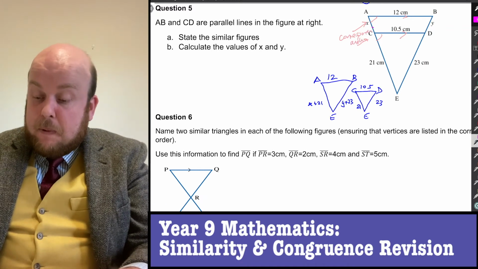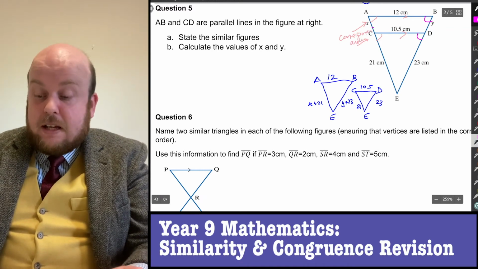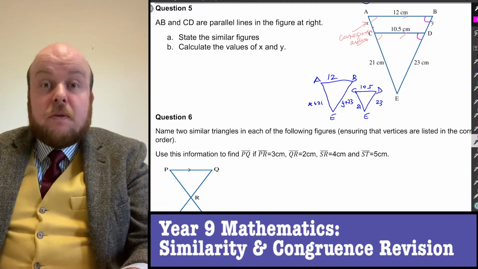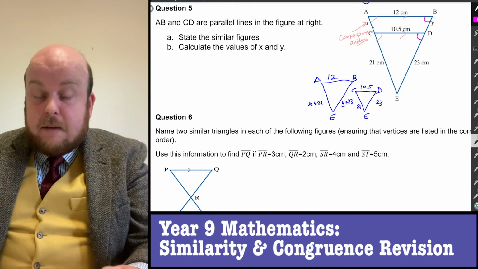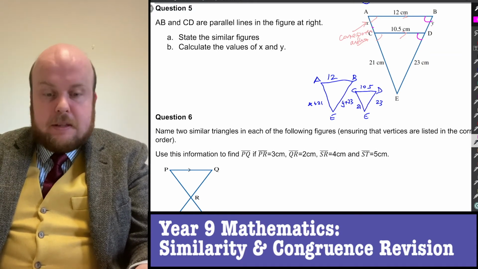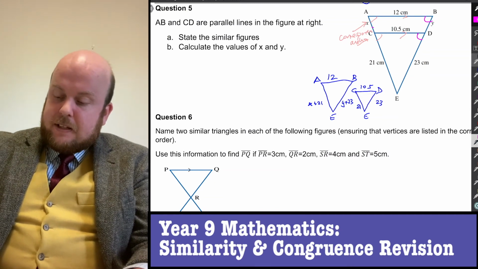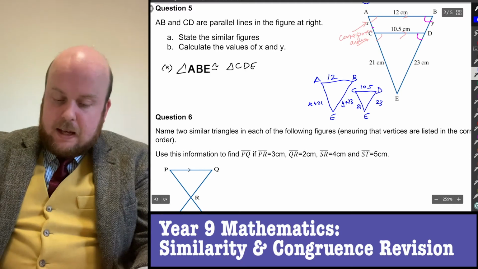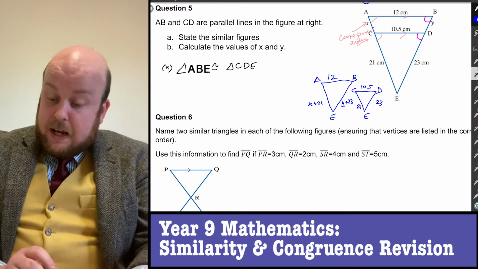And so therefore, by that same rule, on the other side, these two angles will be the same. And essentially, once we've got angles that are the same, and there is a corresponding side in between, we've got similar triangles. So if we have to state the similarity, as we do here, calculate the values of x and y.